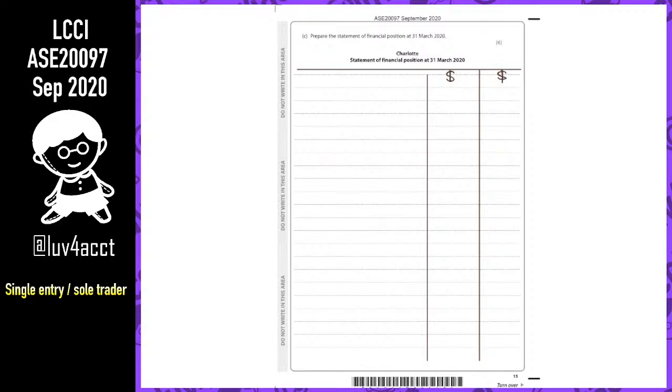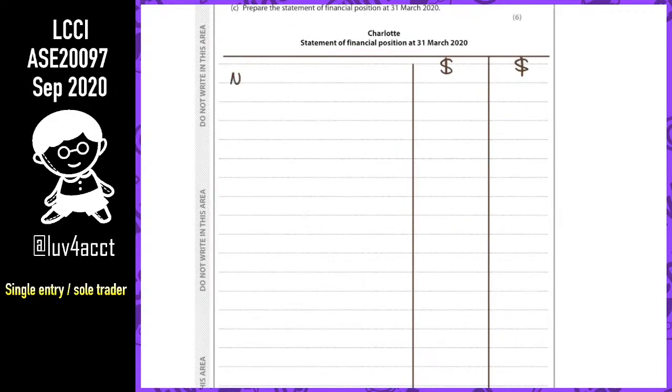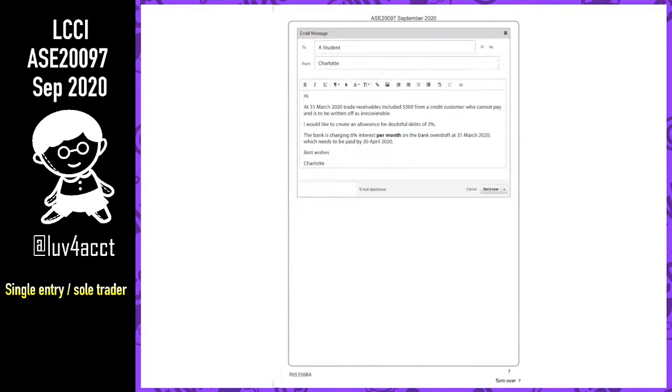The first part is the non-current assets. We have one non-current asset. It doesn't allow me to draw the line in a good position.